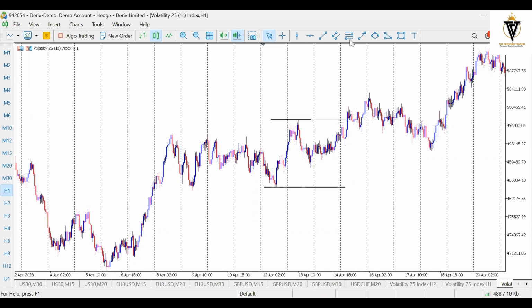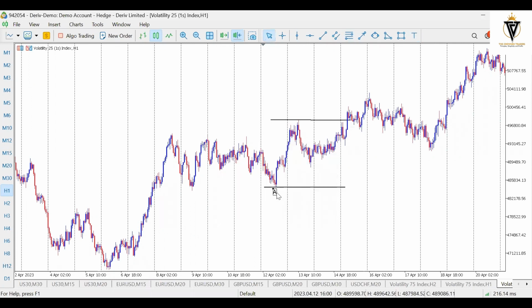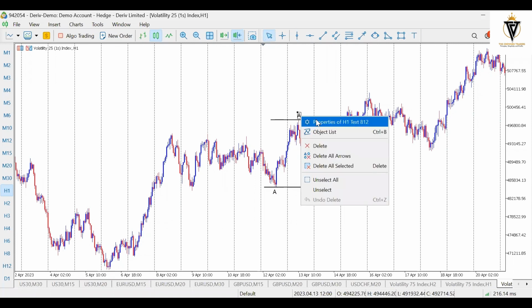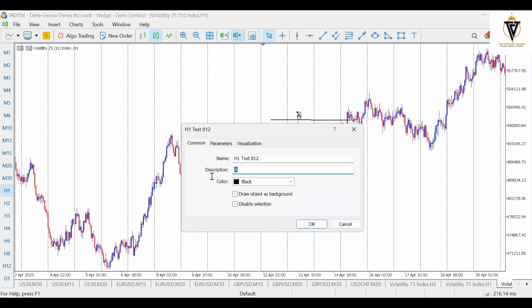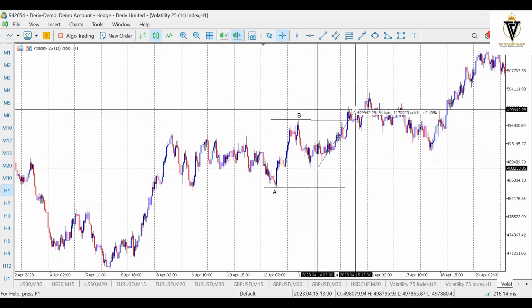So this is it. This is a bullish scenario. These are point A. These are point B. So you know our point C is unknown, right? Point C is unknown. We're assuming that this has not happened yet.